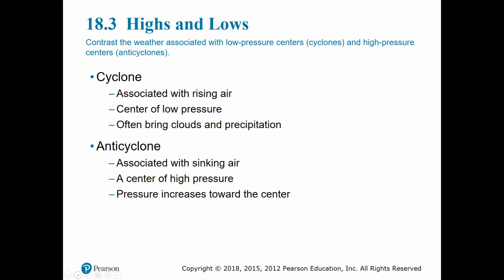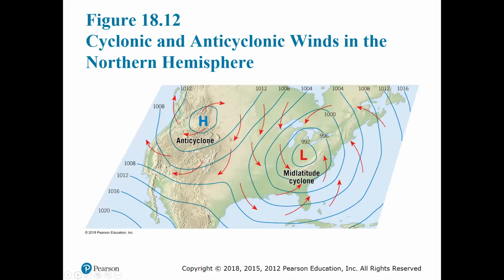The pressure decreases from the outer isobars toward the center in a cyclone, and in an anti-cyclone, the values of the isobars increase from the outside toward the center. Okay, and so that's what we've got here.